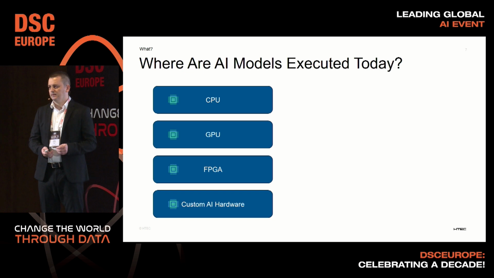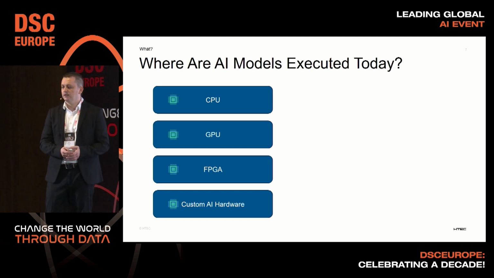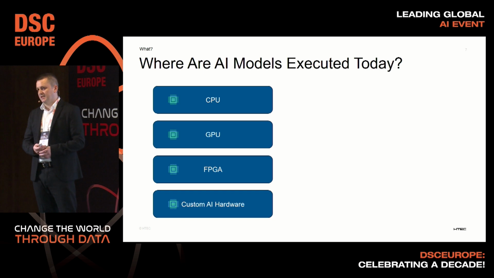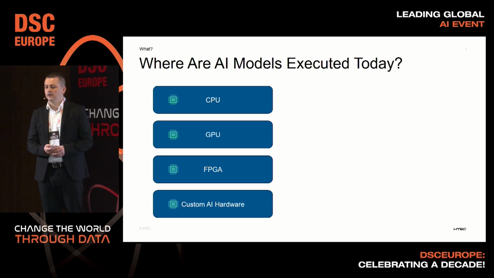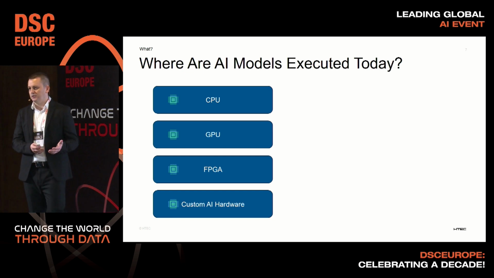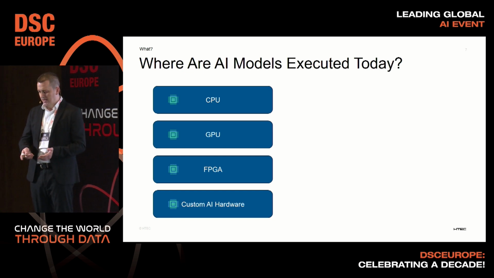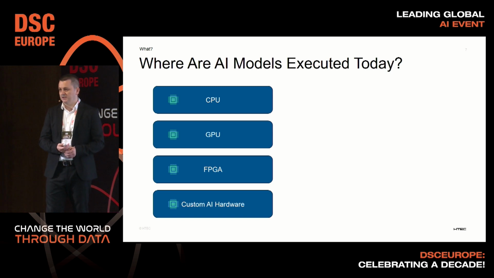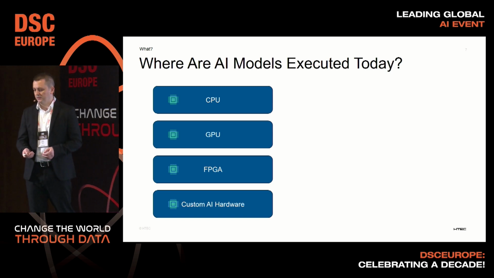So those are the hardware that you can probably run your models on. But in the last several years, ML models are executed on pretty much everything. So we have also seen the rise of different custom AI hardware, and I will talk about that in a couple of minutes.